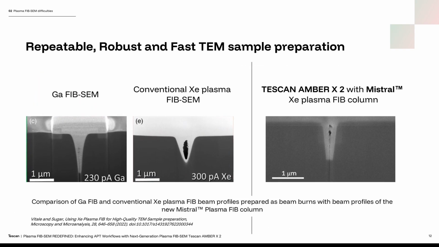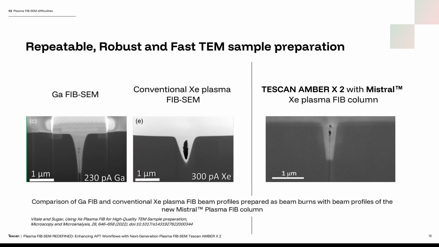When we launched the TESCAN AMBER X2 powered by Mistral, we stated that we redefined the FIB-SEM market primarily due to its advanced FIB beam performance. With significantly improved resolution, we can now navigate with greater precision and achieve higher beam placement accuracy, which is critical for applications like TEM sample preparation, atom probe sample preparation or nanofabrication.